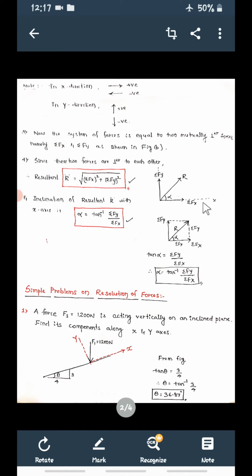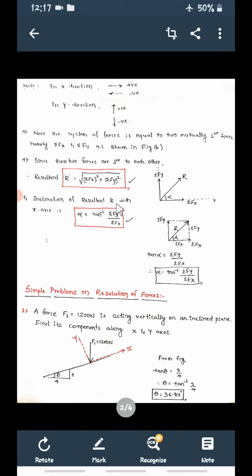This is summation Fx, this is summation Fy. So the single force resultant R is equal to the square root of summation Fx squared plus summation Fy squared. We will get this resultant using this equation.